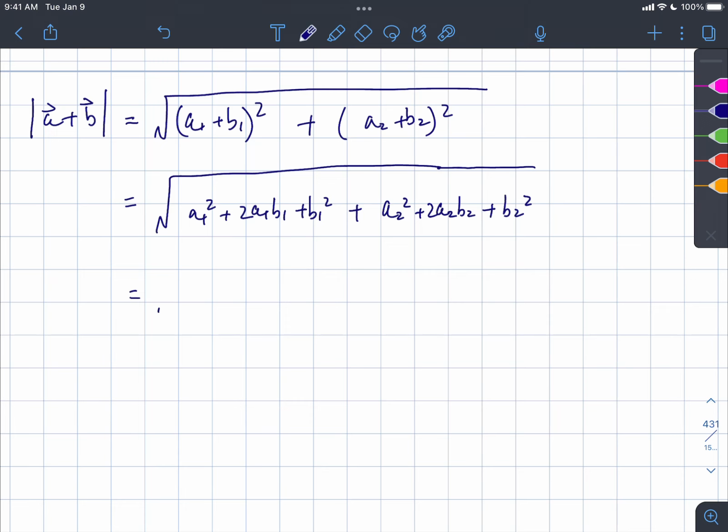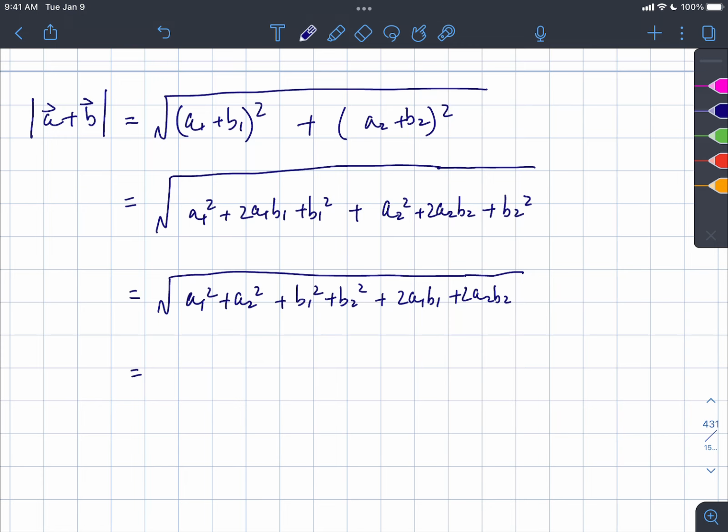Okay, and then reorganize. We organize, and then that will be this, plus this, plus this. Put the terms that look similar to each other together.